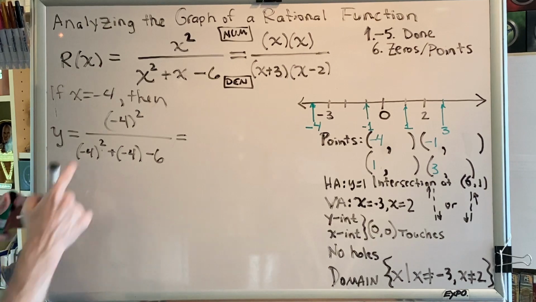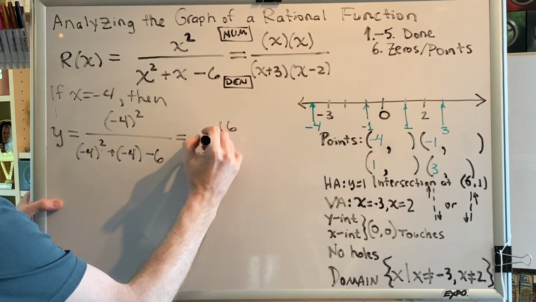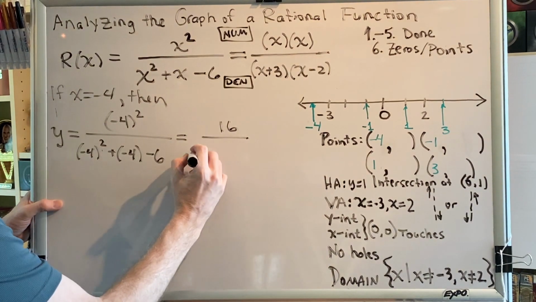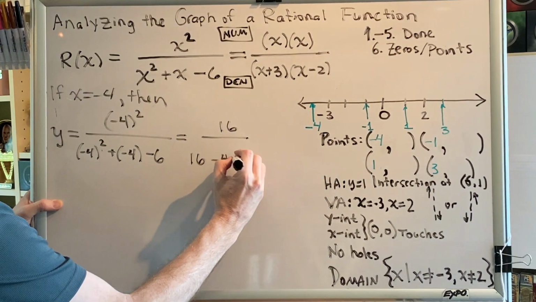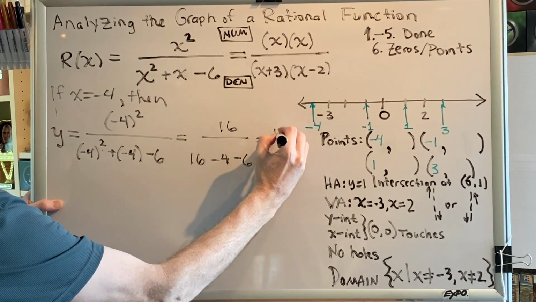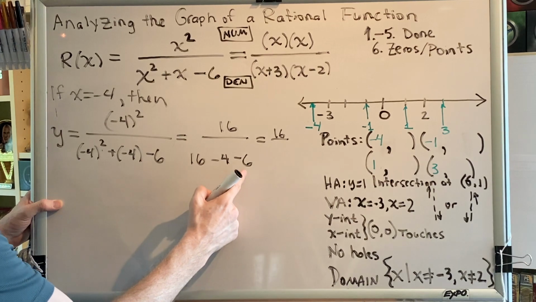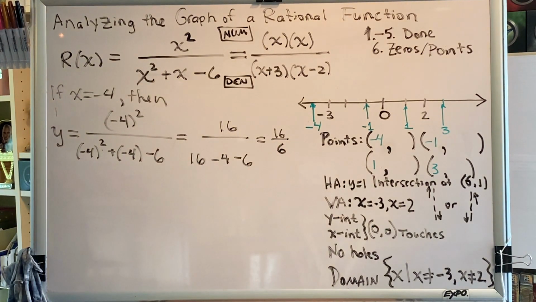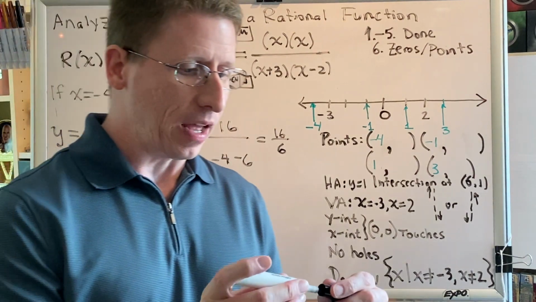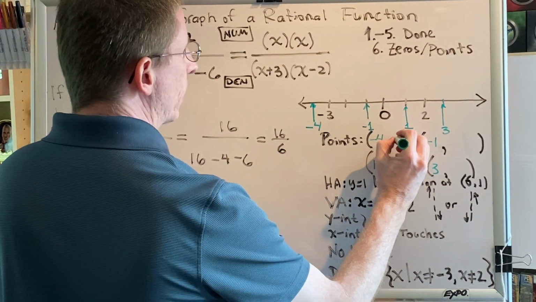Okay, let's simplify this. -4 in parentheses squared is a positive 16. So therefore this is also a positive 16. Then we have -4 minus 6, which is 16 over 16 minus 4 is 12, minus 6 is 6. 16/6 reduces to 8/3, and when we put that in a calculator, we get 2.6 repeating. So 2.6 bar.